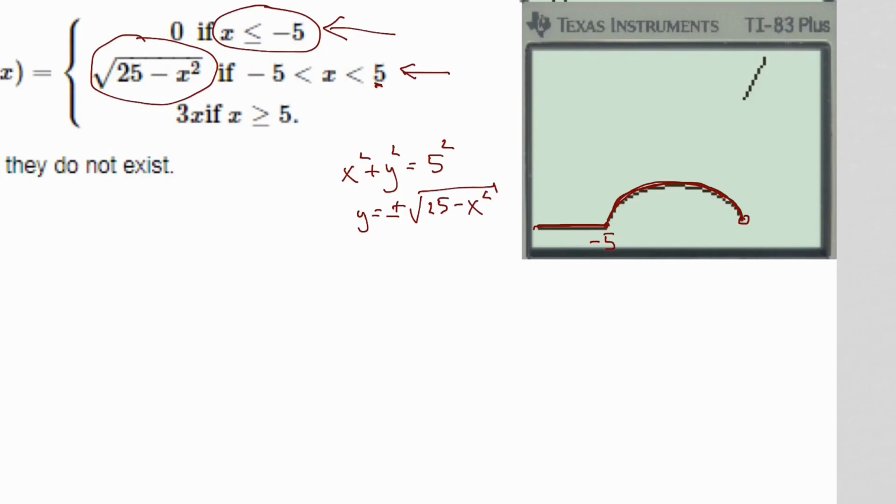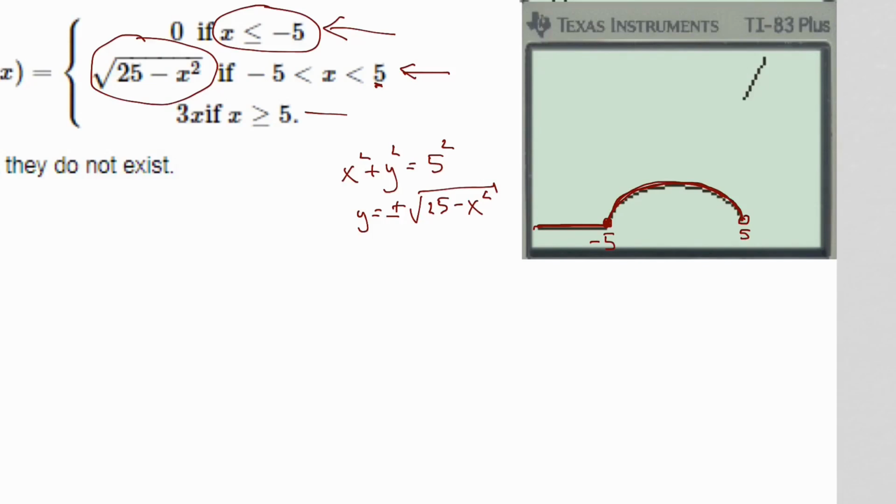That point's not included, but in fact, when x is -5, y would be 0, and that's how this function is defined. So from the half circle point of view, it's an open circle, but then from where the function is defined as 0 at x less than or equal to -5, that hollow circle is filled in. So on the left side, there's no gap or hole or break, but on the right side there is, because +5 is not actually mapped to 0.